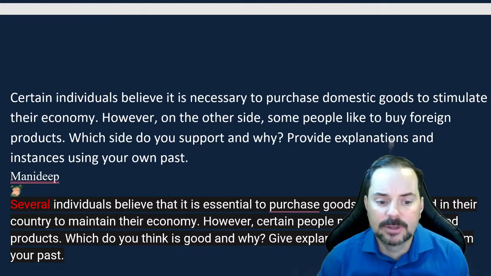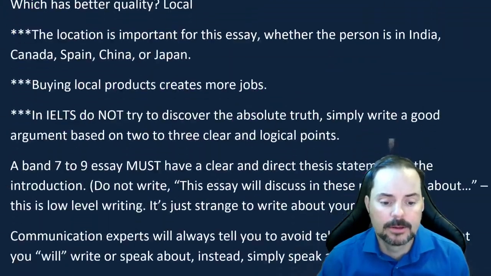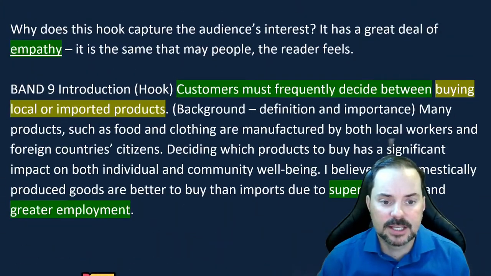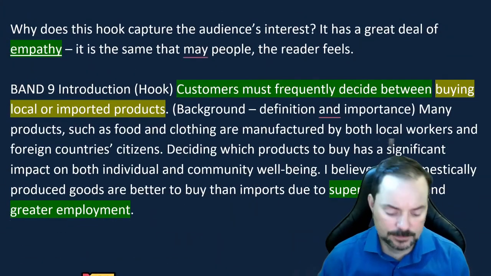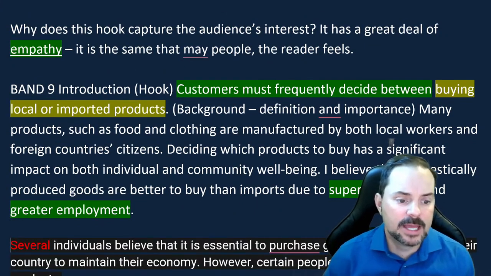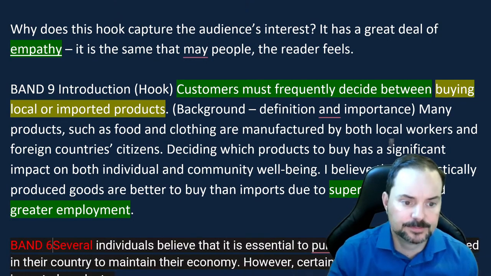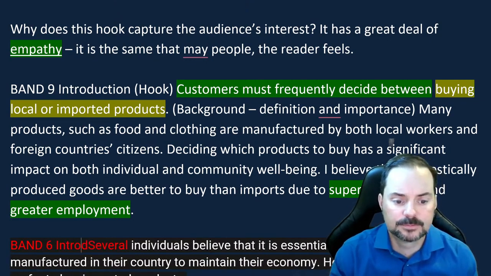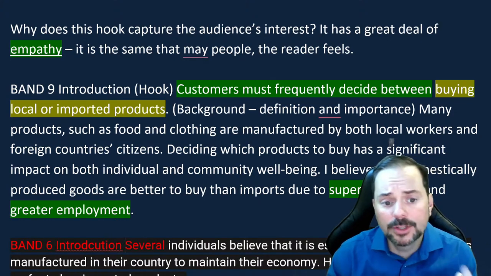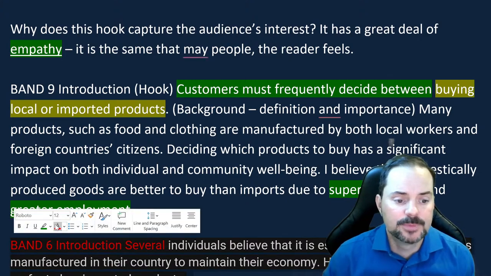Manny Deep had this paraphrase, and we had a student say this essay will. Okay, so let me show you a Band 6 introduction. And you're going to see the difference, so you don't need me to tell you this. You're going to actually see it yourself, okay?